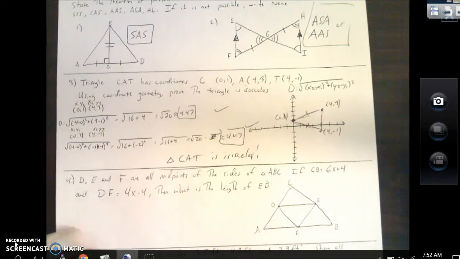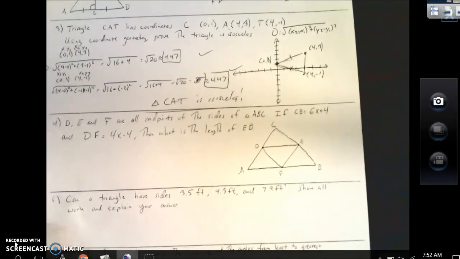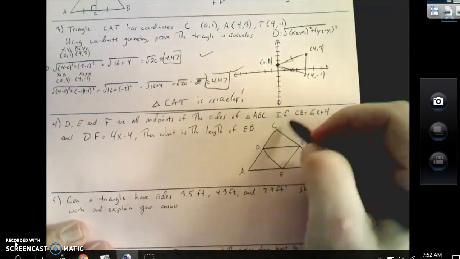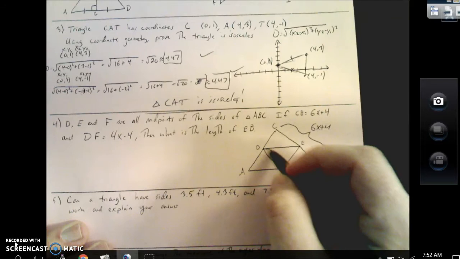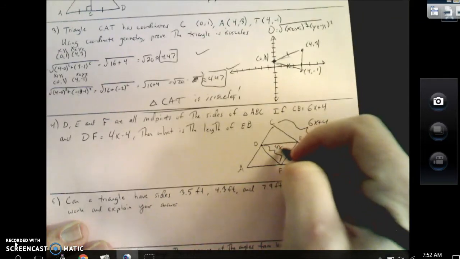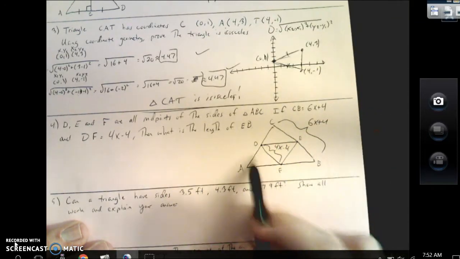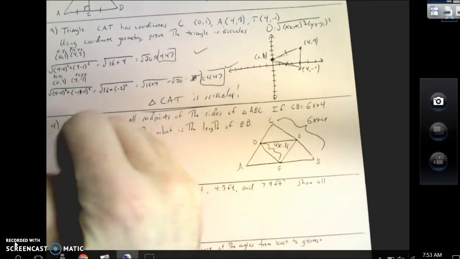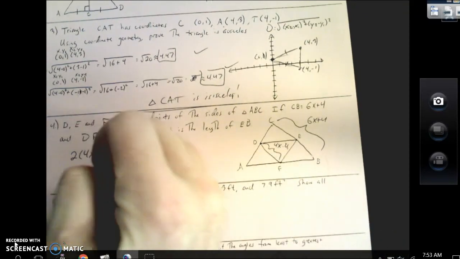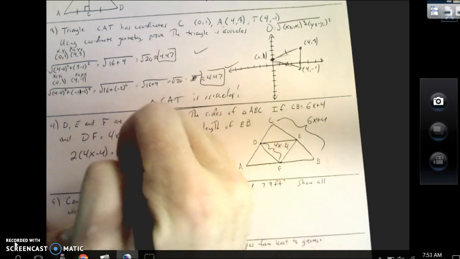Alright, number 4. D, E, F are midpoints to sides. So they're telling you that CB right here is 6x plus 4. They're telling you DF is 4x minus 4. Since this is a mid-segment, you need to double this. You times the inside by 2 and you make it equal to the outside.